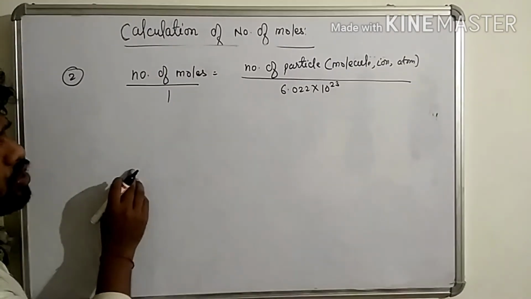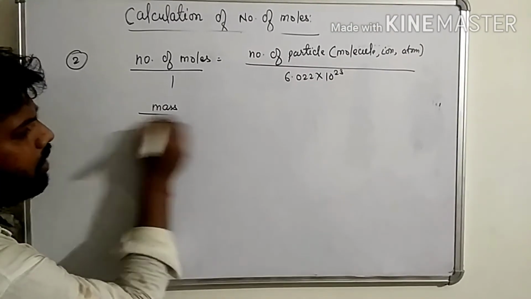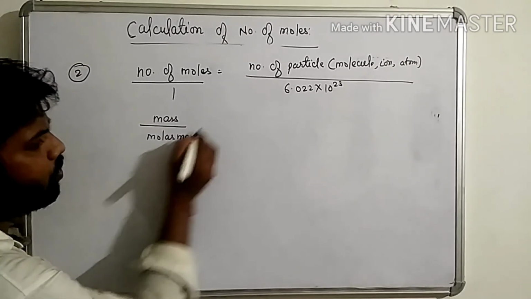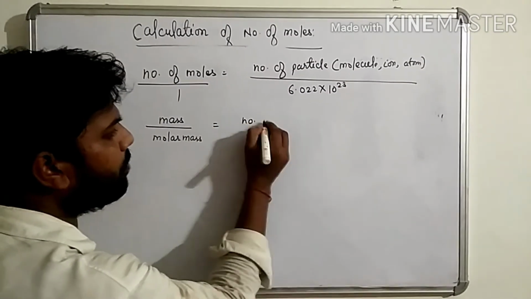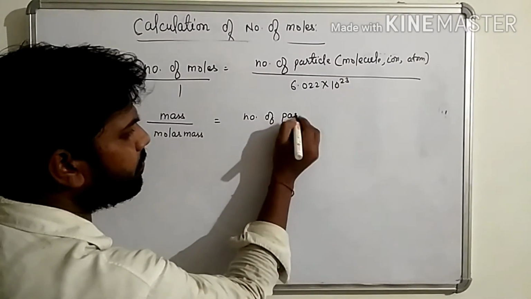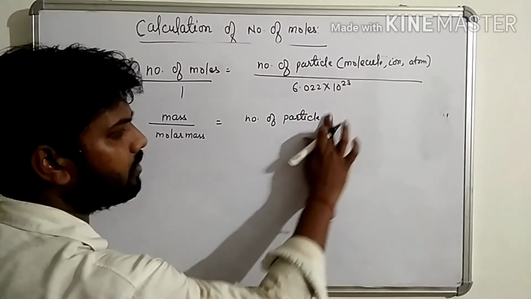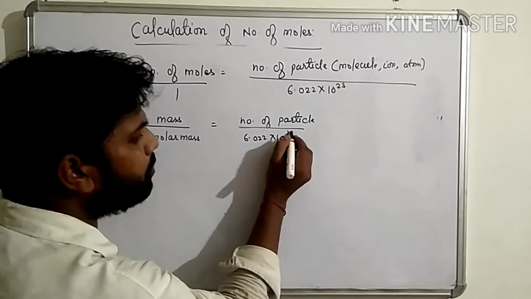Number of moles is equal to, we also know it, mass upon molar mass. And here we can write number of particles, like molecules, ions, etc. by 6.022 10 to the power 23.